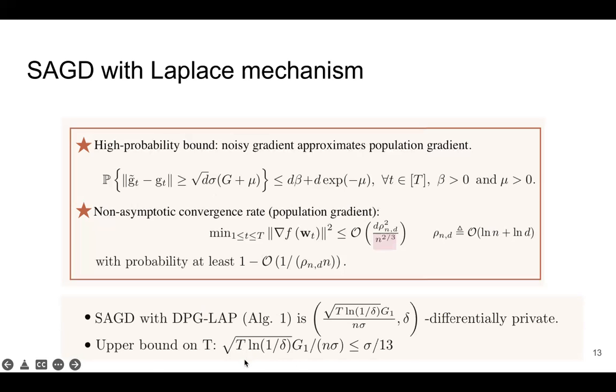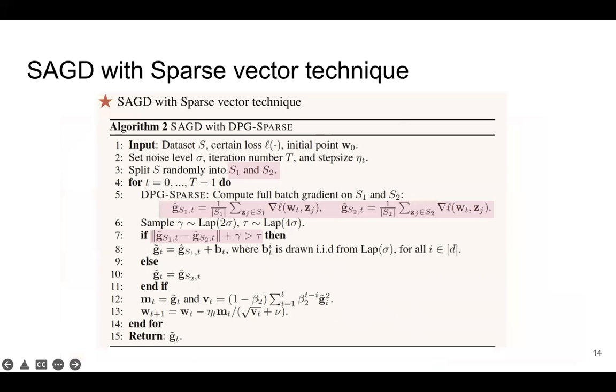We can get the upper bound for the iteration number, and under this iteration number, we can say that it maintains this kind of convergence rate. But in order to relax this upper bound, they propose a second method called SGD with sparse vector technique.